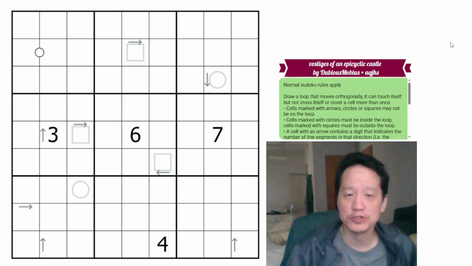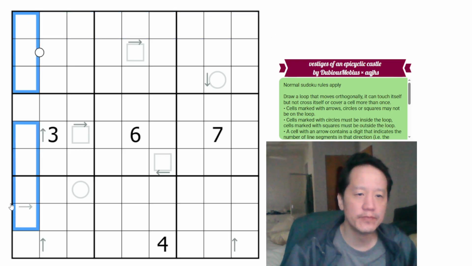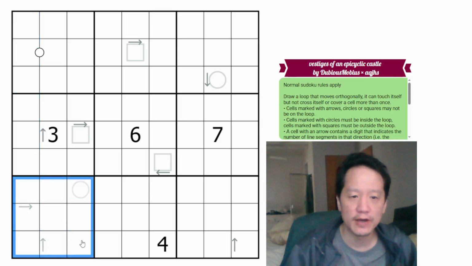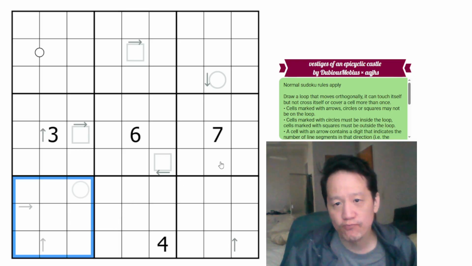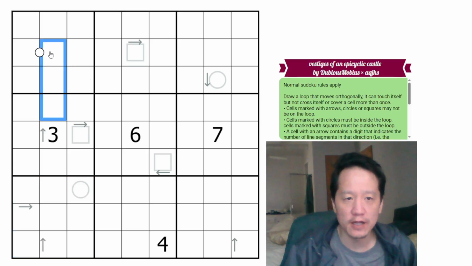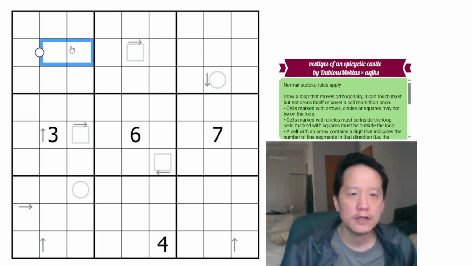Normal Sudoku rules apply, which means fill every row, column, and box with the digits 1 through 9 without repeats. We also have to draw a loop that moves orthogonally, which means it goes either horizontally or vertically. It can never go diagonally. And it can touch itself, but not cross itself or cover a cell more than once.